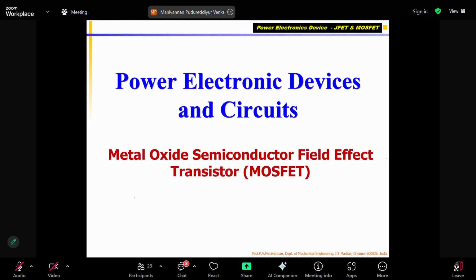One of the most important power electronic devices you will come across when you talk of electric vehicles or hybrid vehicles, where we call the power electronic device a driver or motor driver circuit, is, as I told you in the previous class: power diodes, power transistors, power MOSFETs, and IGBT.